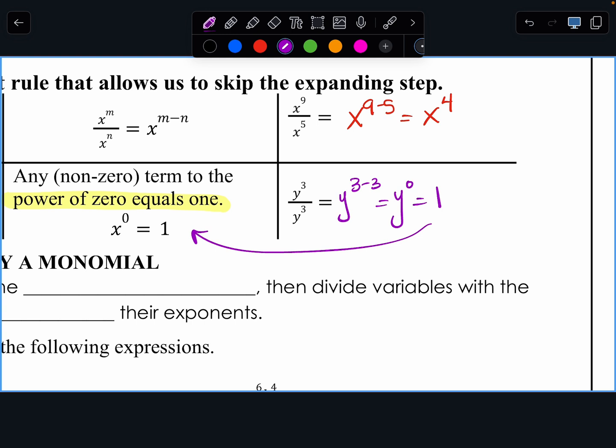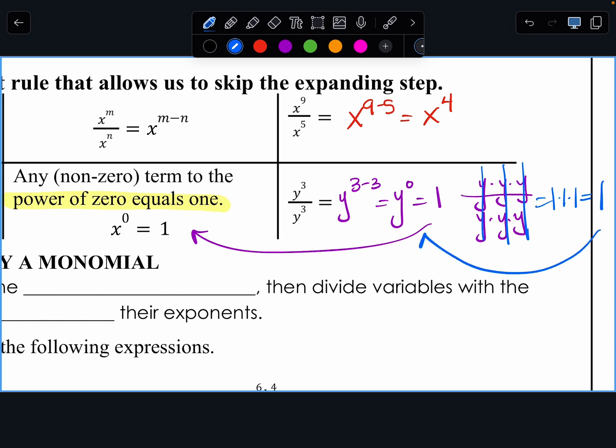Well, y^3 is y times y times y over y times y times y. And anything over itself is 1. So that's 1 times 1 times 1, which is 1. So that's why it works. When you divide something by itself and you get a 0, that equals 1.